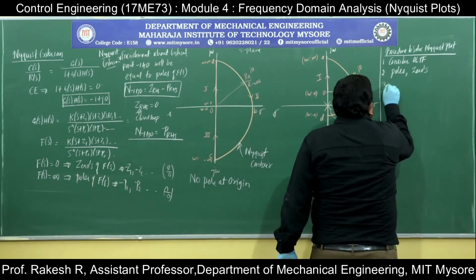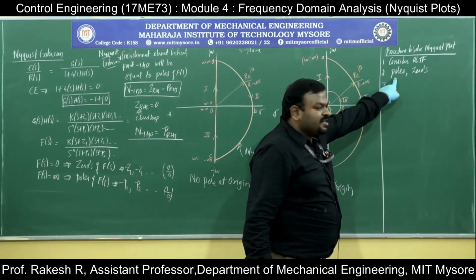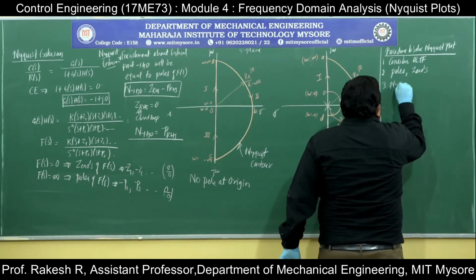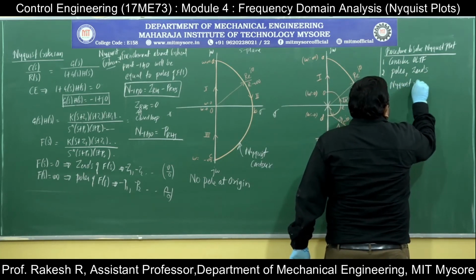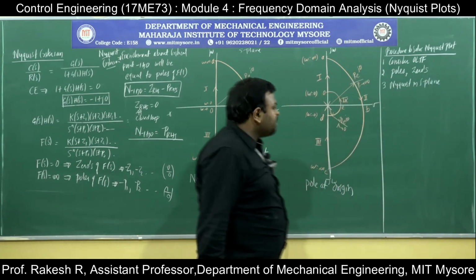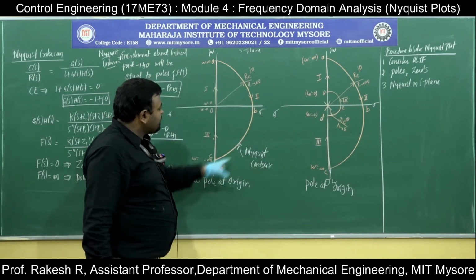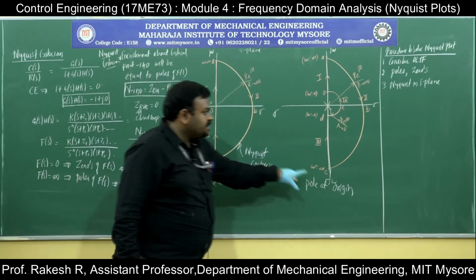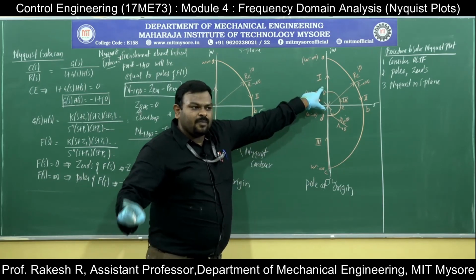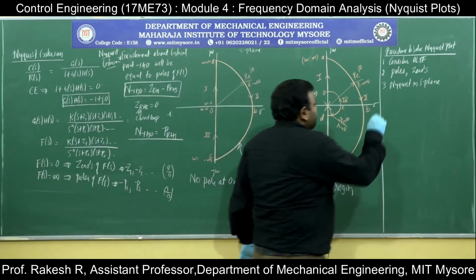After finding poles and zeros, locate them in the S plane and draw the Nyquist plot in the S plane. Here, if there are any zeros or poles, you will know by seeing this plot. This is one case and this is another case. If the pole is at origin, this case. If there is no pole at origin, this case. Only two things.